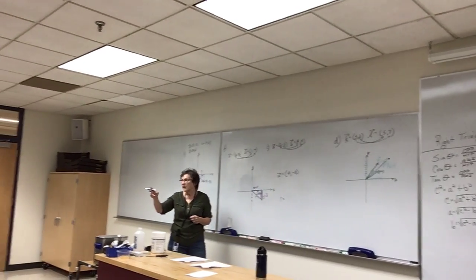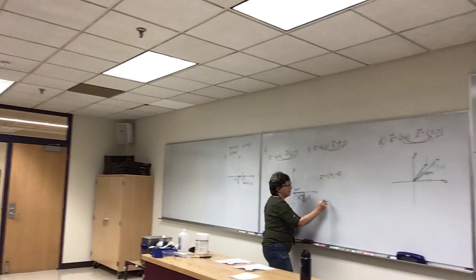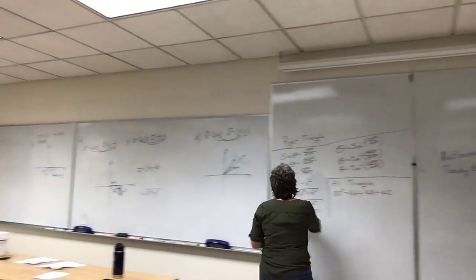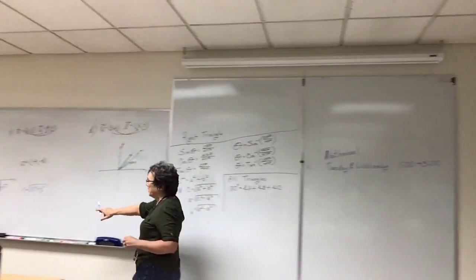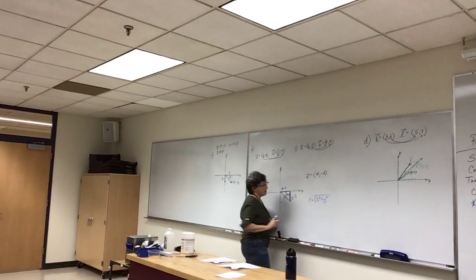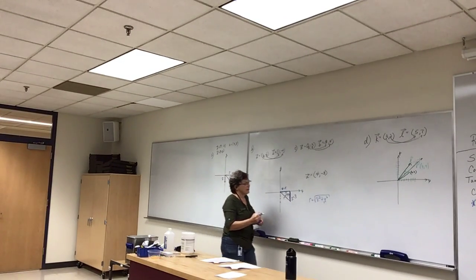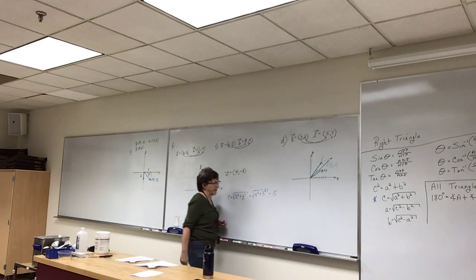R equals the square root of x squared plus y squared. We just used this right here. That gives us the magnitude; this would be the hypotenuse, right? R equals the square root of x squared plus y squared. We can find what that is. 4 squared plus 3 squared. I believe that equals 5.